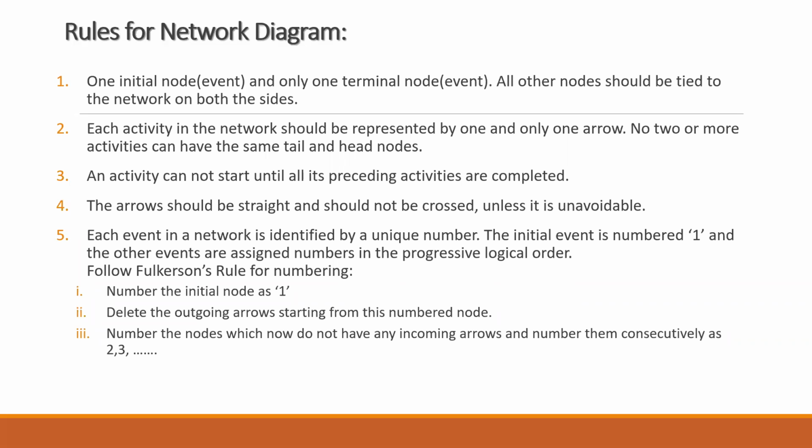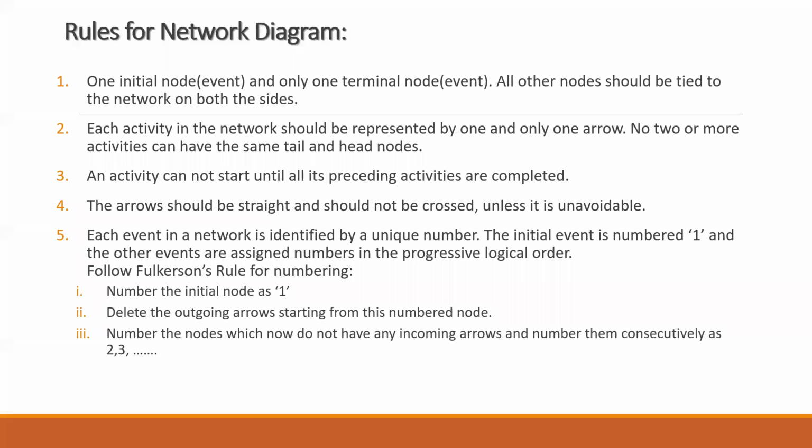Again, there can be a case where there are multiple nodes which do not have any arrows coming in. In that case, you follow the top to bottom rule. Always put the number of the topmost node as the next number. That rule you can follow.